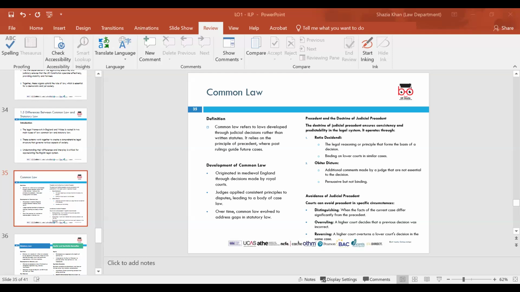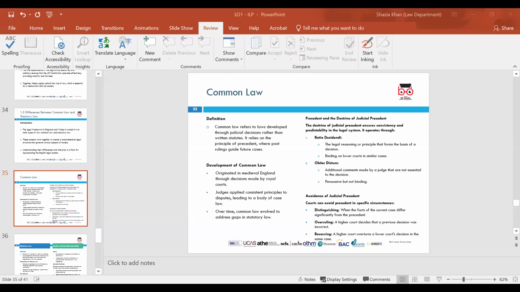They guide court rulings when the outcome would not depend on written rules. So if there's no written outcome, then people will follow common law, which relies on old cases that we follow.